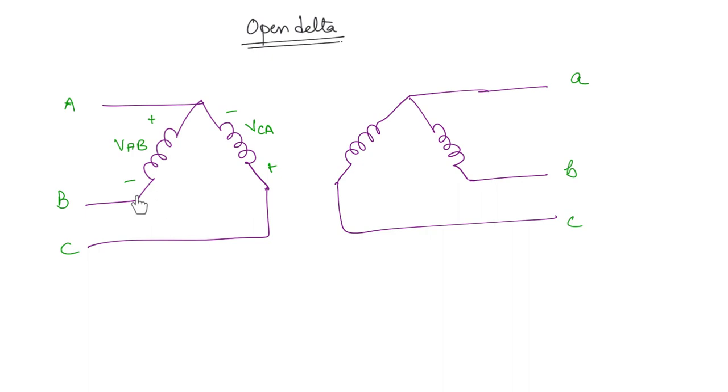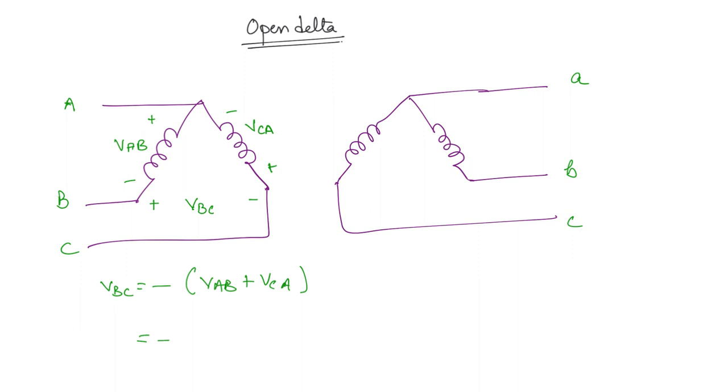Even if there is no winding here, you can still find the voltage between the terminals B and C. If you take this terminal as positive and this as negative, VBC is going to be minus of VAB plus VCA. That means VBC is equal to minus of (VAB plus VCA). If you are applying KVL, you encounter the negative sign first.